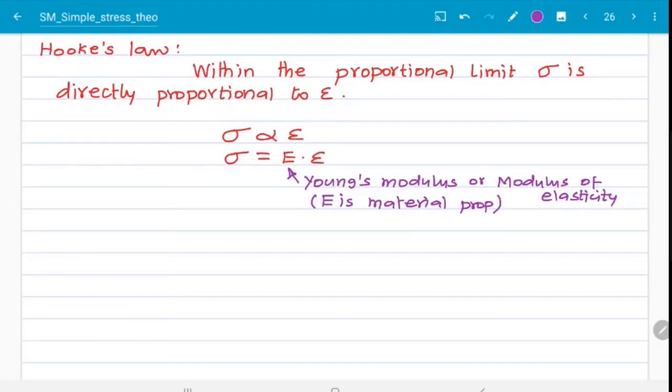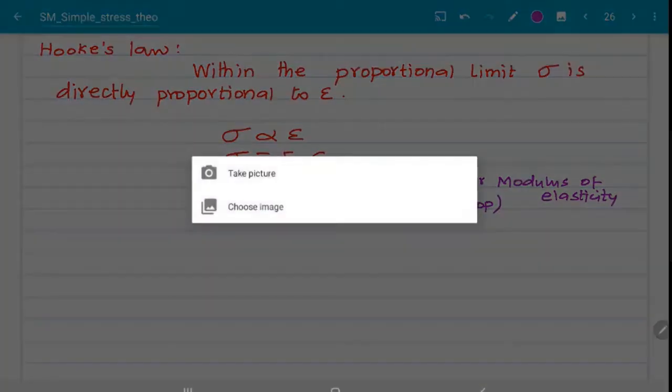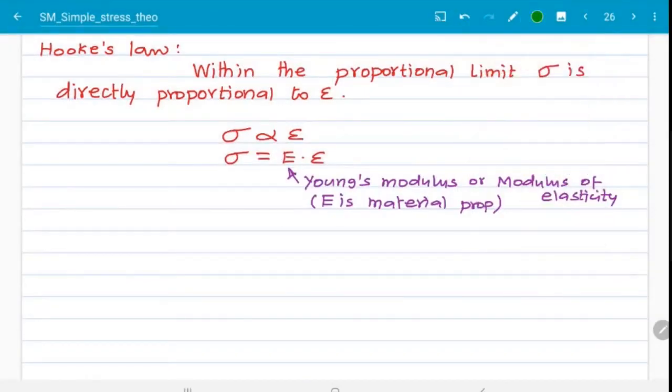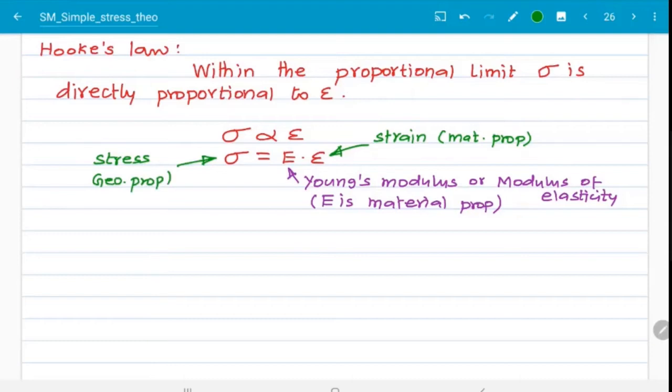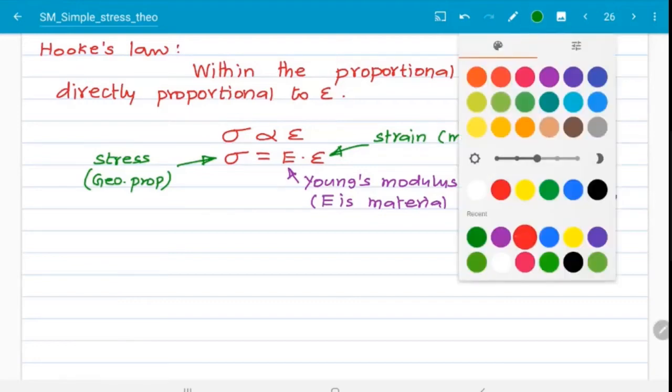So epsilon is strain. Strain is also a material property. Sigma is stress. Stress is a geometric property. Okay, right.